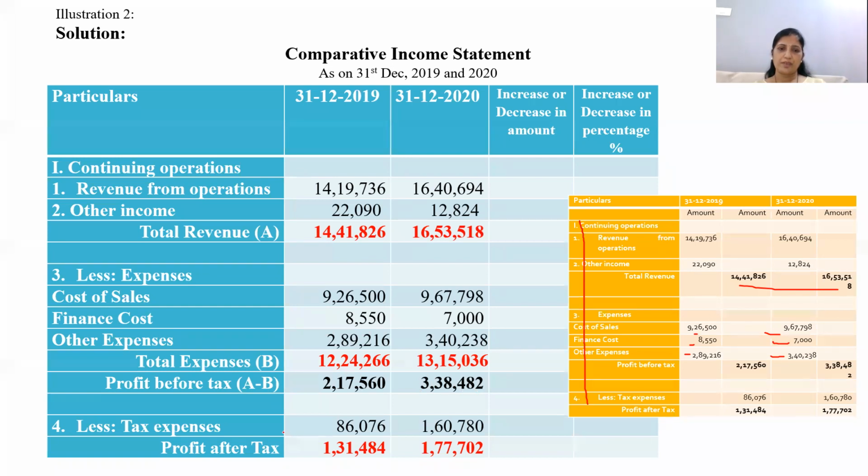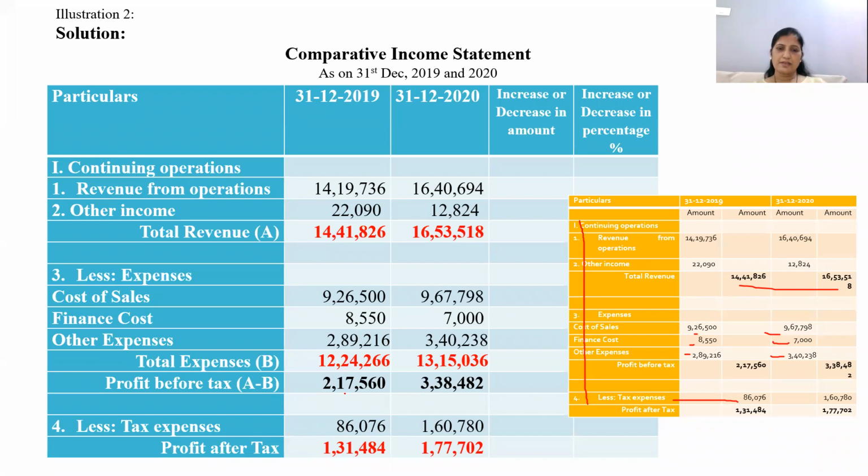In this, less tax expenses. So tax expenses is given in the problem: 86,076, 1,60,780. Same thing I have written here. So profit after tax. Profit after tax is profit before tax minus tax.